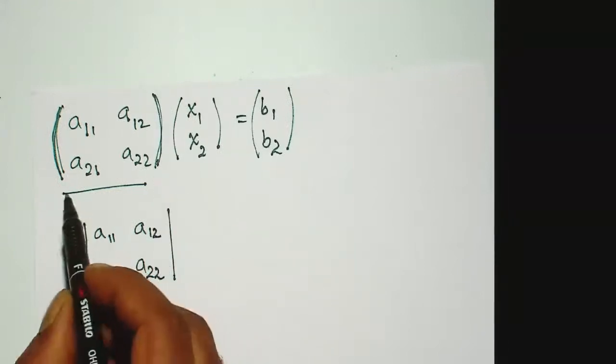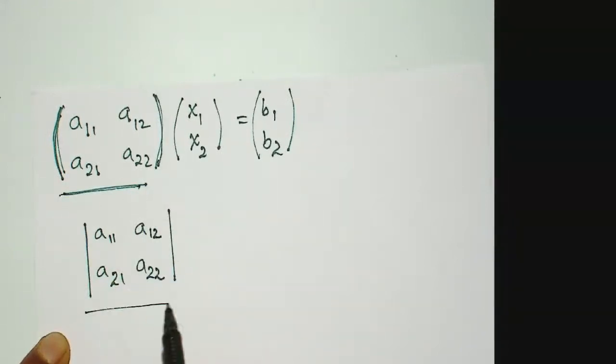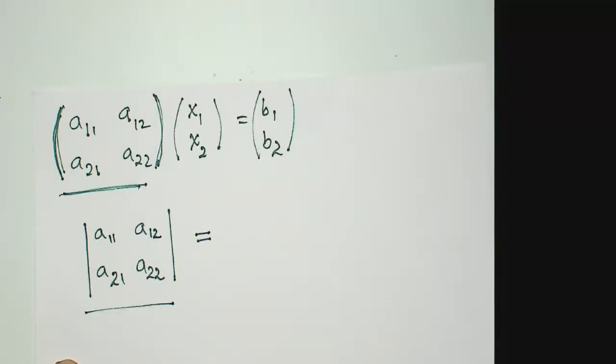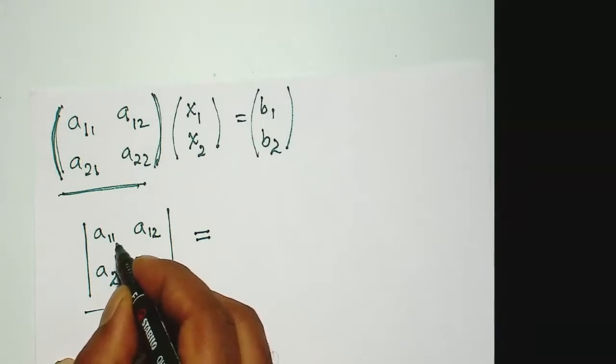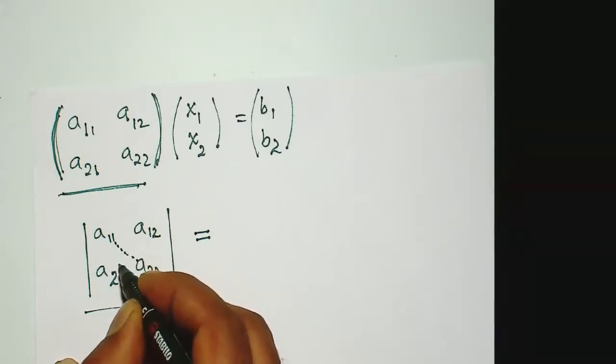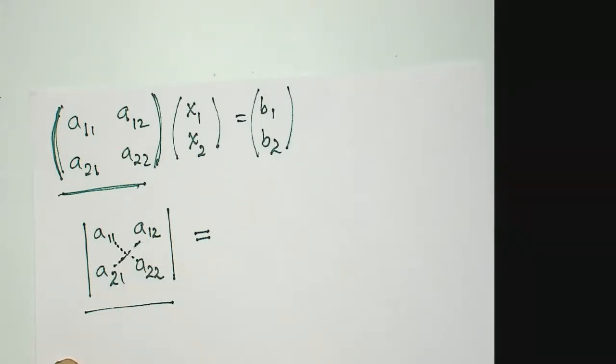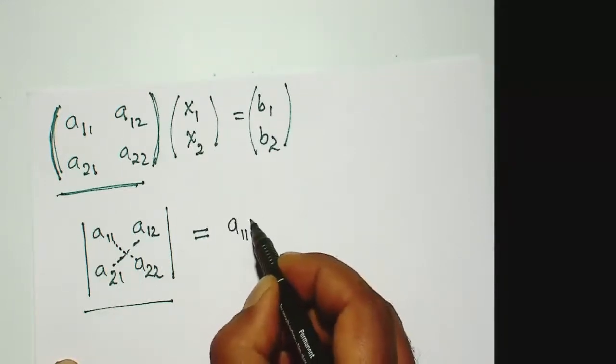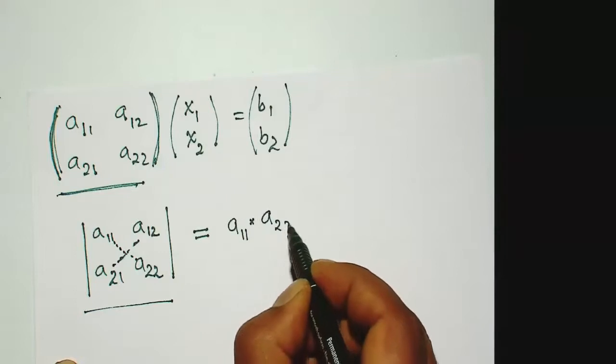So the difference here is this is a matrix, but this is a determinant of matrix A. And if I want to solve for this determinant, what I have to do is make a crisscross multiplication first. So I would multiply A11 multiplied by A22.